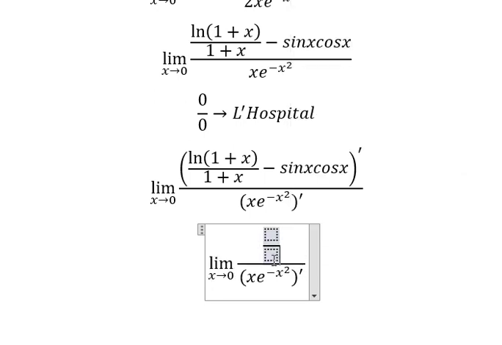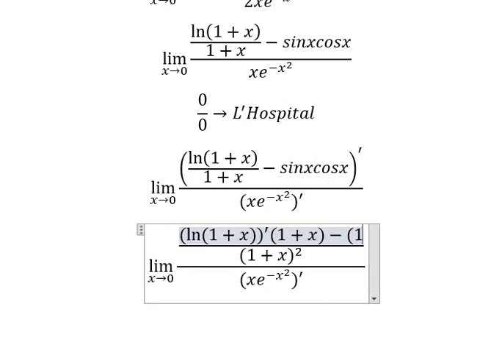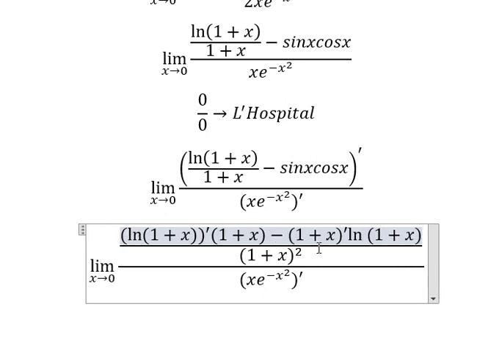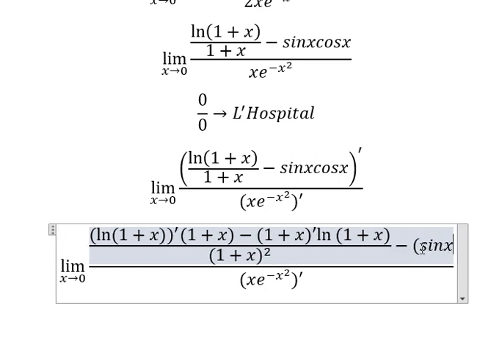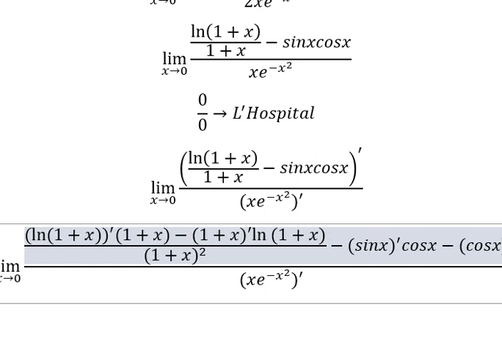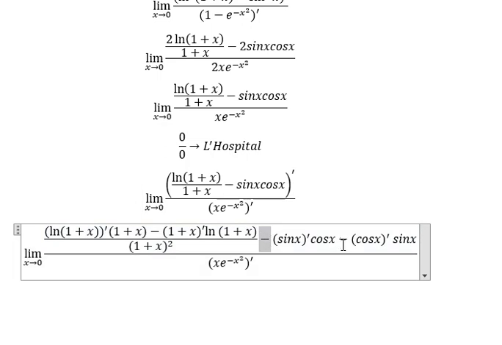We apply about the quotient rule of derivative. This one we apply the product rule of derivative. Because we have the negative sign, that's why we have the negative and negative in here. This one we applied the product rule of derivative.